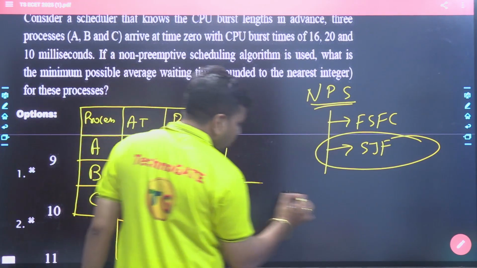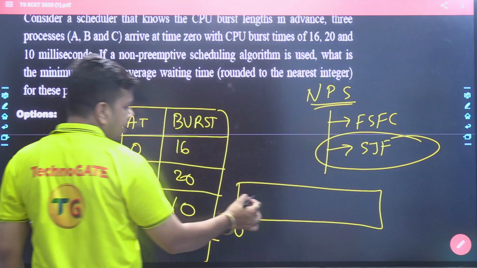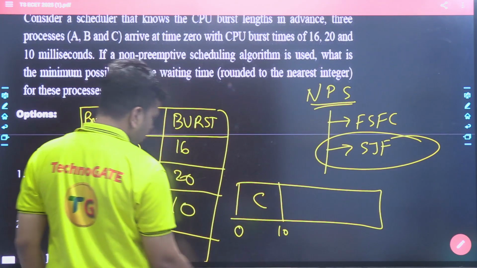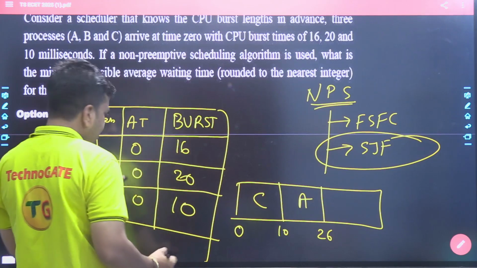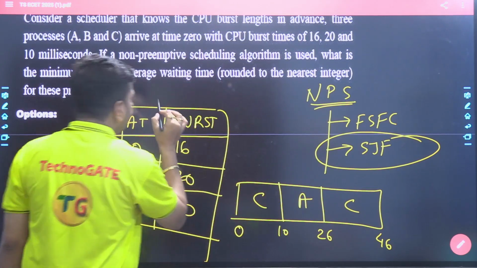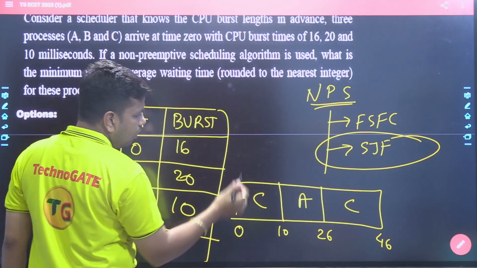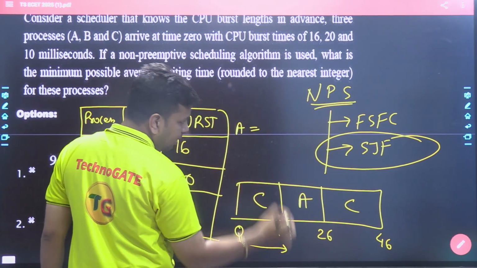So that's why I'm going to apply shortest job first. At time 0, we can say that C has the shortest job, then A, and then B. So the waiting time for A is 10.